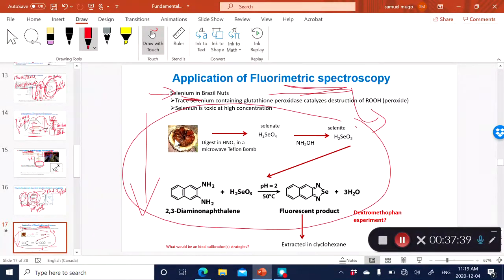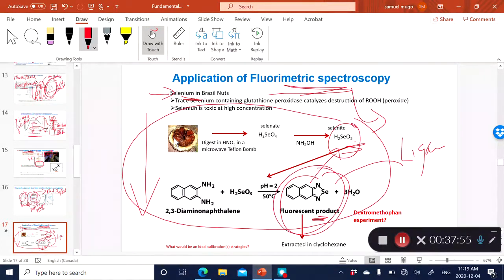They can take selenium or selenite in this case and react it with a fluorescent compound, such as this compound here. It's essentially a ligand, and you end up with a complex that is fluorescent. So you take selenium, you react it with diaminonaphthalene, it gives you this fluorescent compound, and that's what you analyze using fluorescence. So even if selenium is not fluorescent, you can do derivatization to make it fluorescent.